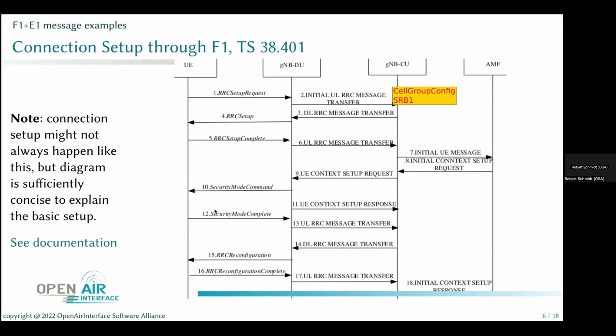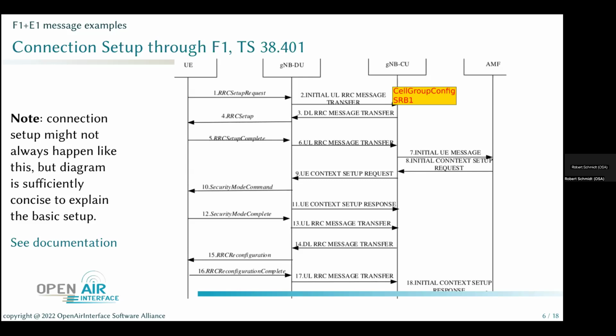So what happens here in the beginning is that there is what is called an initial UL RRC message where the DU tells the CU, okay, this is a new UE and I don't know that one. And then it sends this to the CU, and then the CU starts to talk a little bit with the UE. So you can see that what happens here is just this downlink RRC message transfer and uplink RRC message transfer, where basically the CU just gives some messages to the DU and tells it to send something to the UE so that they can communicate a little bit.